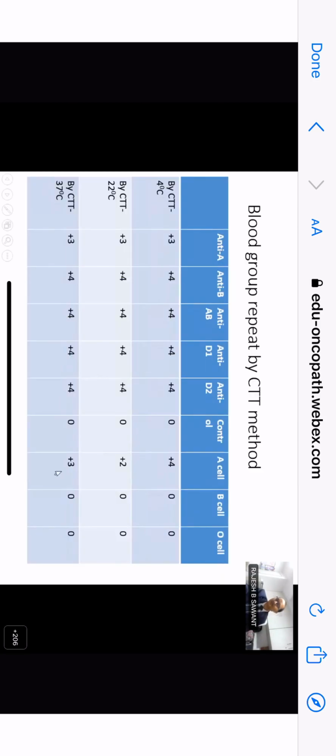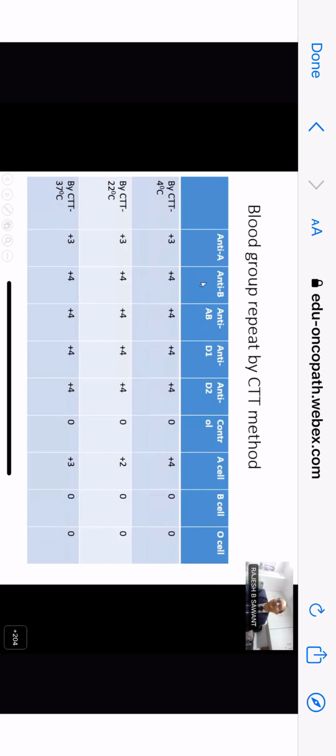Now, as reflex testing, we test at 3 different temperatures using the conventional tube technique. So now we are testing at 4 degrees Celsius, so if there is any cold agglutinin, you can understand the presence over here. You are testing at room temperature as well as at 37 degrees Celsius, right?